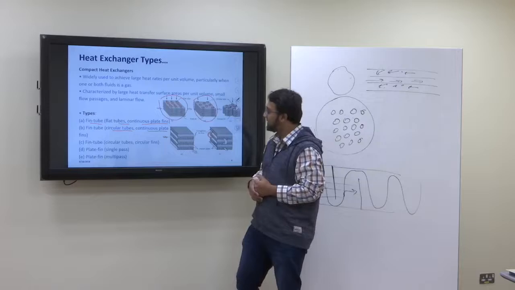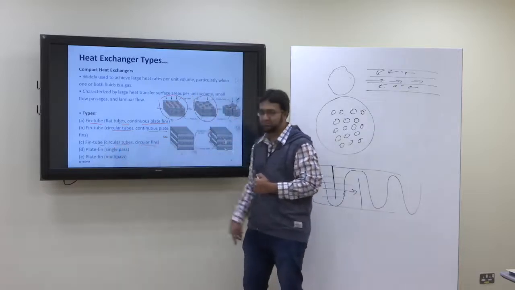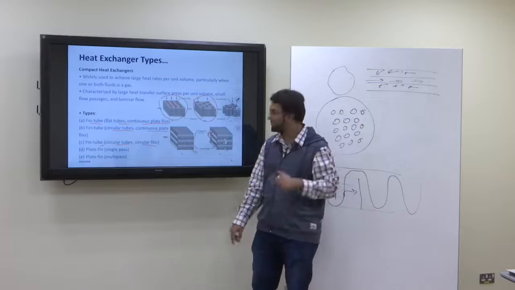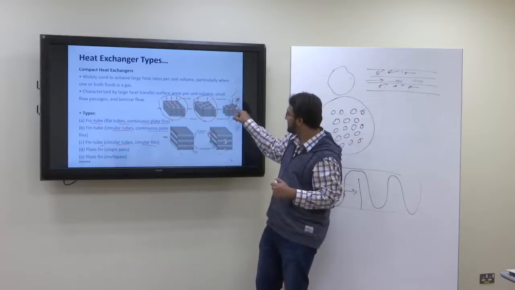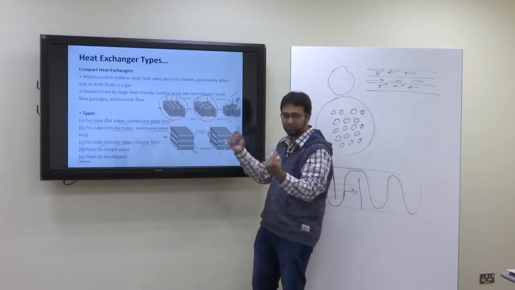Then you can have fin tubes with circular tubes and circular fins. Fins are also circular and tubes are also circular, like this. So multiple tubes, but for each tube you have circular fins around.